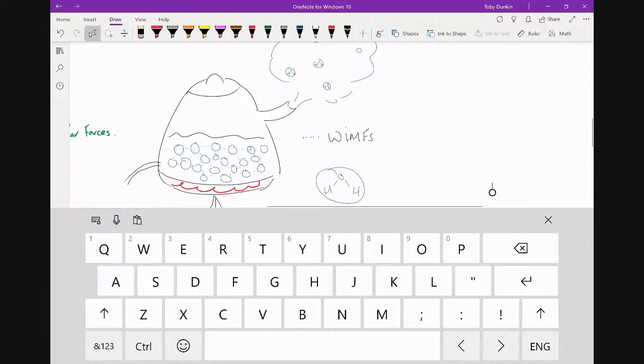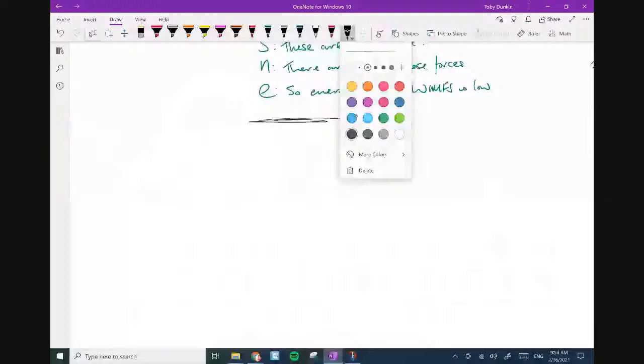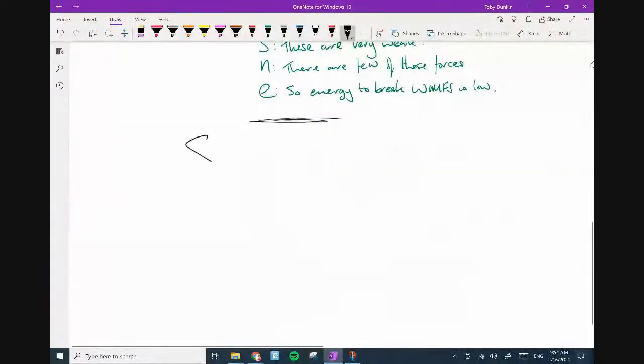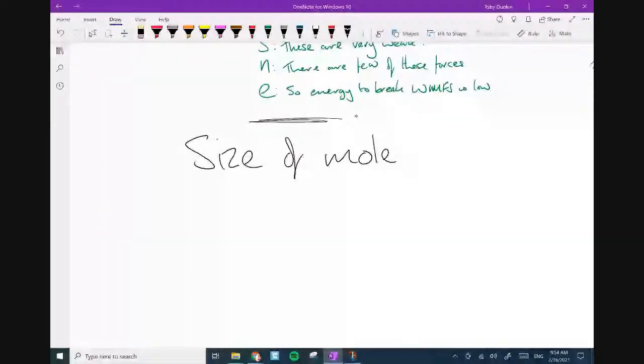So let's now do size of molecules. The next thing we need to learn is really easy.